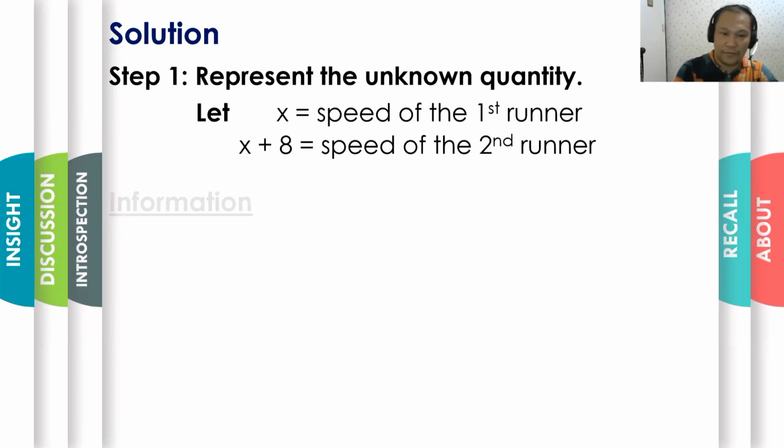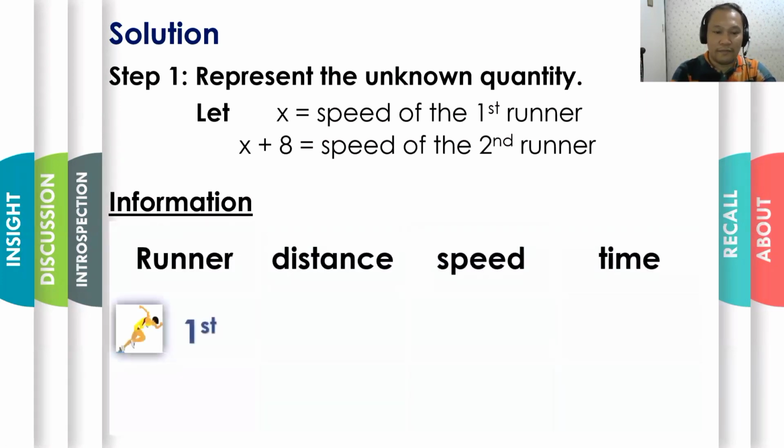Now, remember, in the given problem, we have the first runner and the second runner. The distance of the first runner is 60 kilometers, while the faster runner is 85 kilometers.